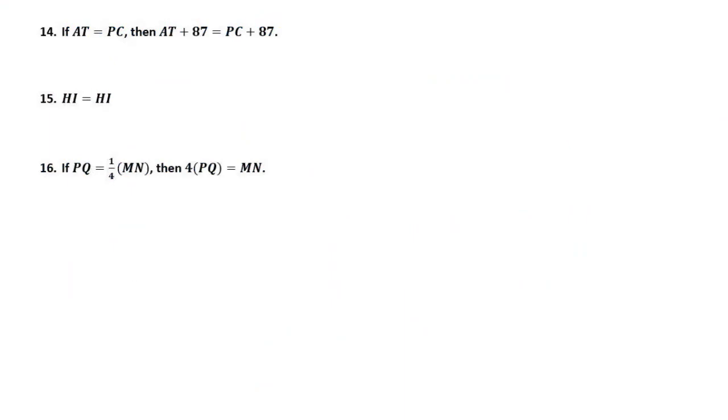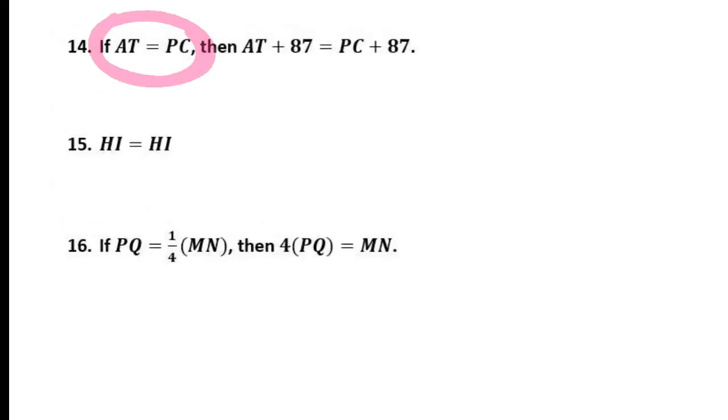Number 14, if AT equals PC, then AT plus 87 equals PC plus 87. Between the if and the then, what's different? The 87s. And we've got one on each side, right? Whenever we do the same thing to both sides, that's a property of equality. If you do it to both sides, it's a property of equality.